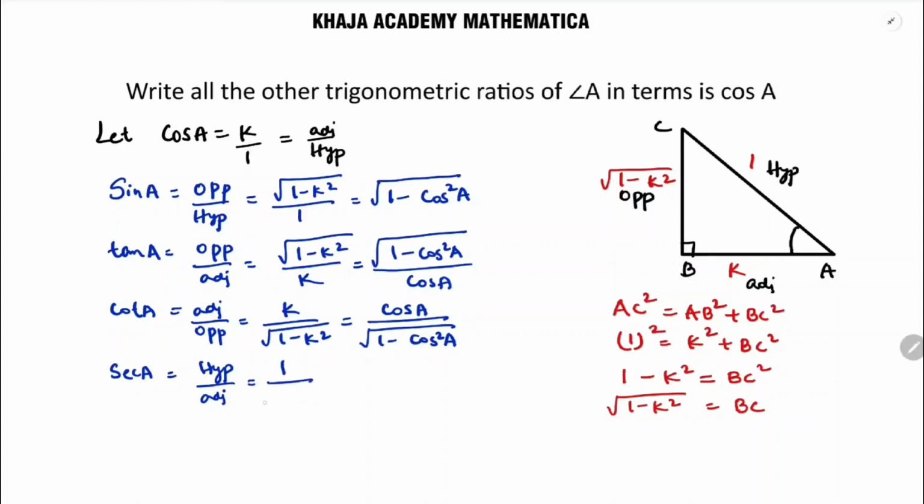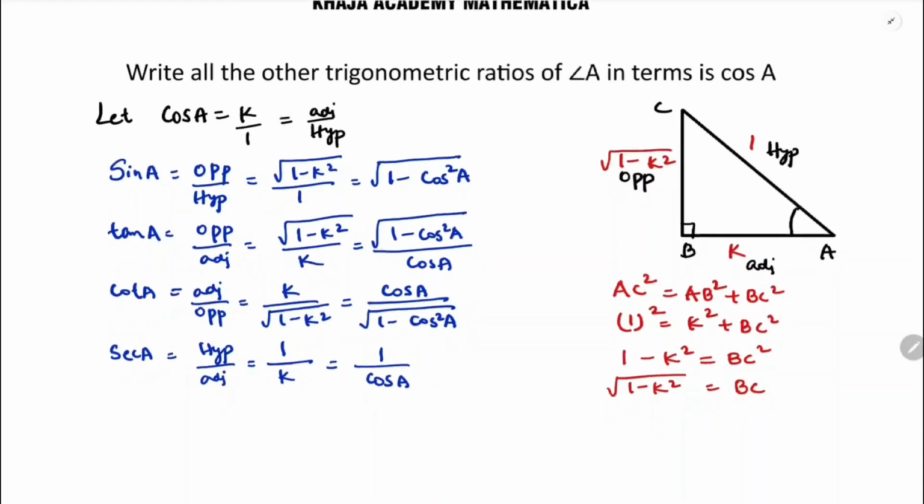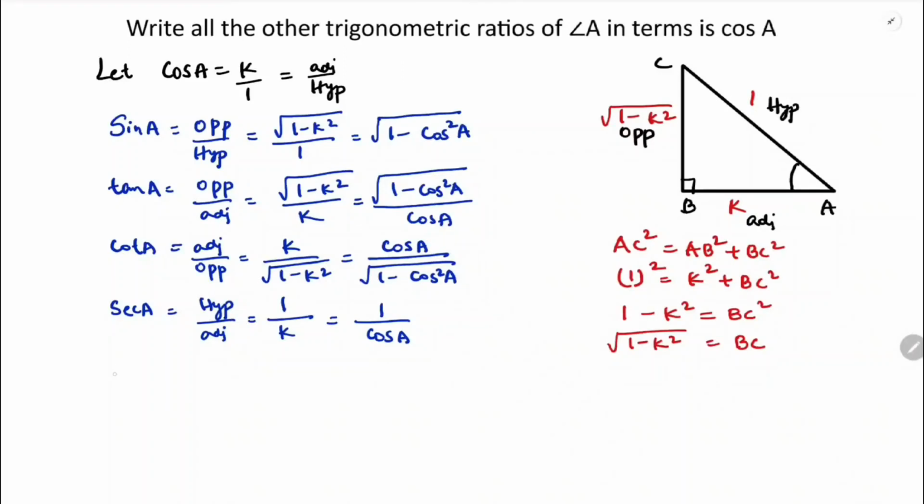Hypotenuse is 1 and adjacent is K. So 1 by cos A. So wherever is K, just write cos. Next, cosec A. Cosec theta ratio is hypotenuse by opposite, the reciprocal of sine. Hypotenuse here is 1 and opposite is under root 1 minus K square. So 1 by under root 1 minus K, K is cos, 1 minus cos square A.